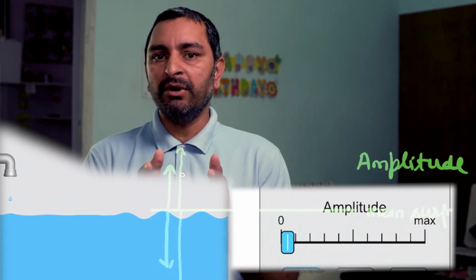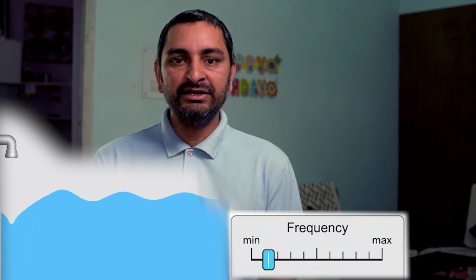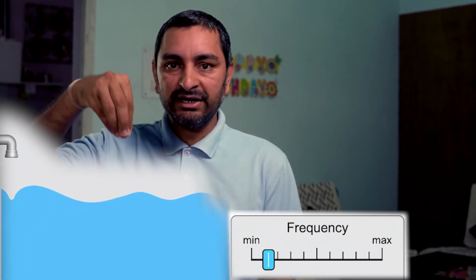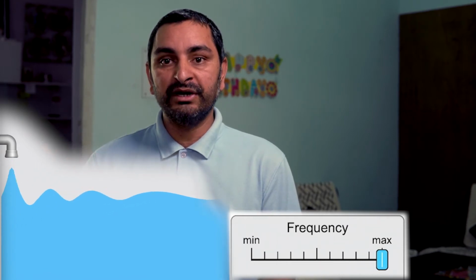Now let's talk about the frequency of these waves. You can see here the number of ups and downs changing, increasing and decreasing, depending upon the frequency. If more drops are occurring in the same time, then you observe more waves are produced.